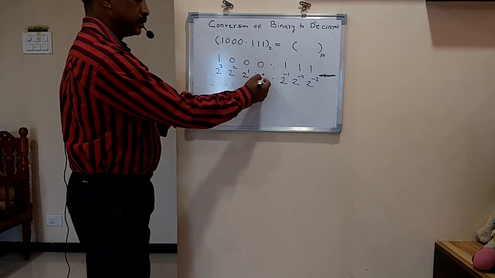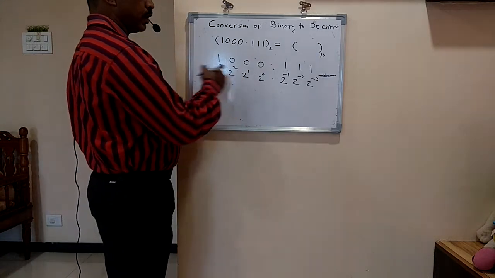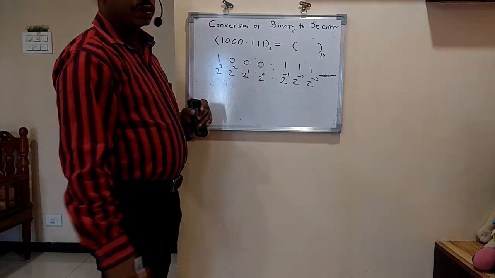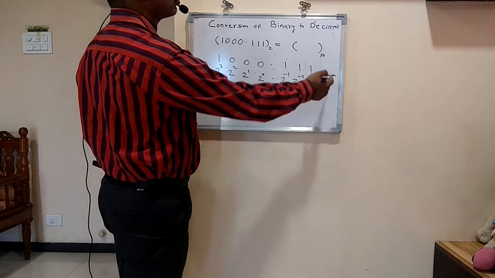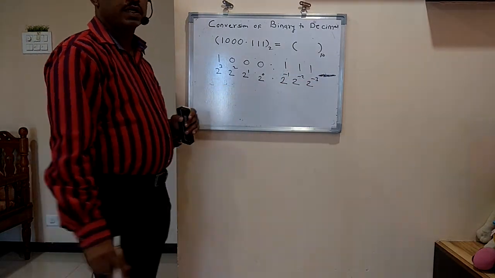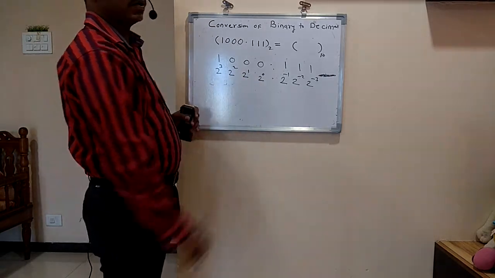Ascending order means increasing powers 0, 1, 2, 3, and descending order means reducing powers: 2 raised to power minus 1, minus 2, minus 3.